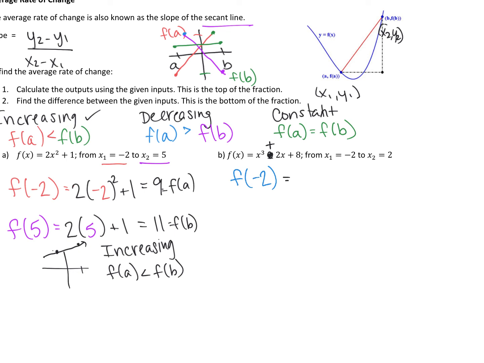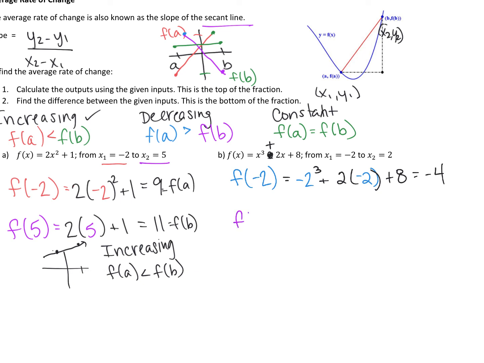So this is -2 cubed plus 2 times -2 plus 8. -2 cubed is -8. 2 times -2 is -4, so that's -8 plus -4 is -12, plus 8 is -4 when I evaluate.